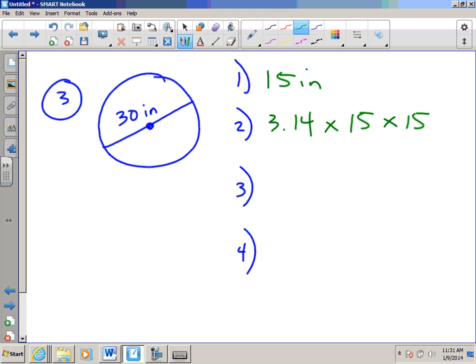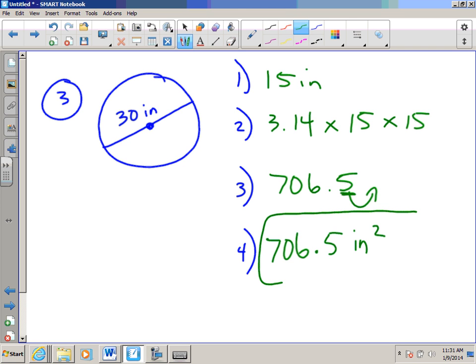So before I round for step 3, what did I get when I just put this in? That's 706.5. That was it. So there was no 100th place. So final answer, 706.5 inches squared. Very good.